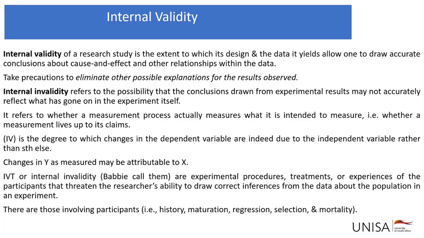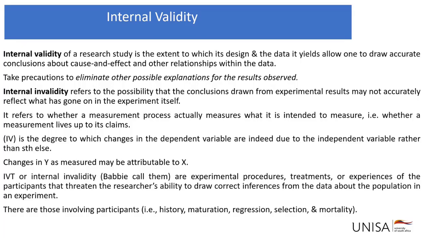I hope it makes sense. For you to say fire causes smoke, for example, the causal effect there is that we know for a fact that there is nothing else that causes smoke other than fire. So you have eliminated any other possible explanations that may be relevant for that purpose.